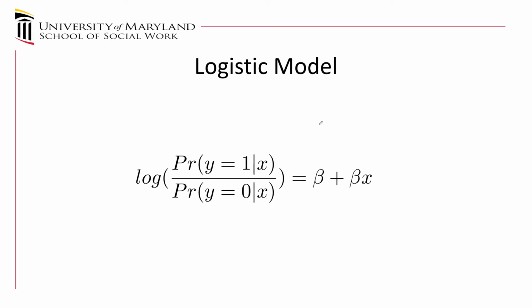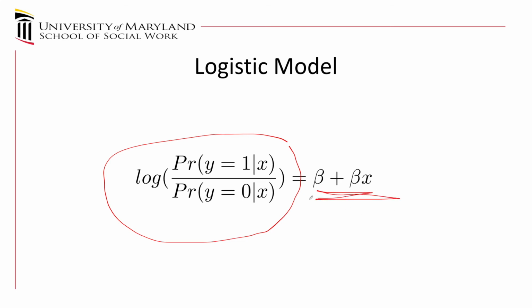So here's the basic logistic model. As I mentioned before, it's the probability that y equals 1 conditioned on the x's over the probability that y equals 0 conditioned on the x's. When we have this logit function as the dependent variable, we can just estimate it as a traditional regression model.